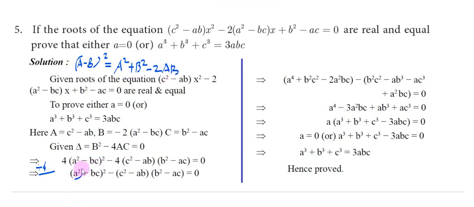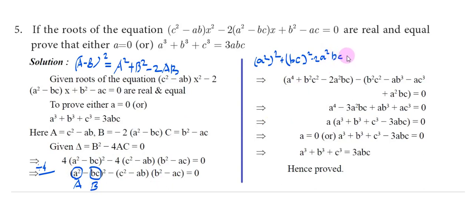Here this a² is capital A, and here bc is capital B. So (a² − bc)² means (a²)² + (bc)² − 2 times the A value a² and the B value bc.